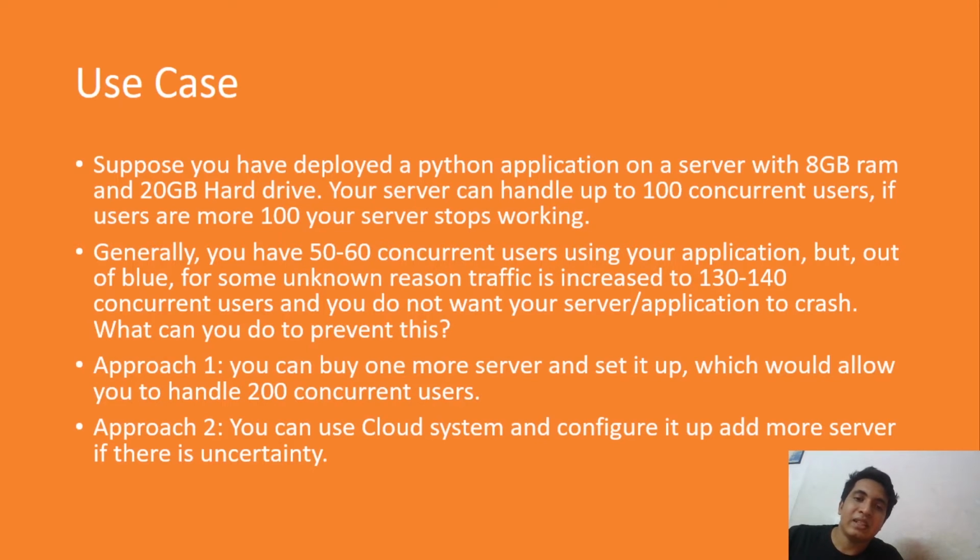But whenever there is an increased amount of traffic, for example for 2 or 3 hours, we add 2 or 3 servers, and for those 2 or 3 hours we only pay for that amount of time. And after our traffic is reduced to normal, we remove those servers and we do not pay for them anymore.